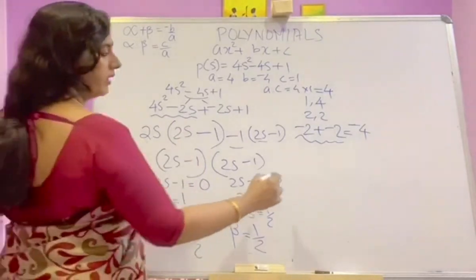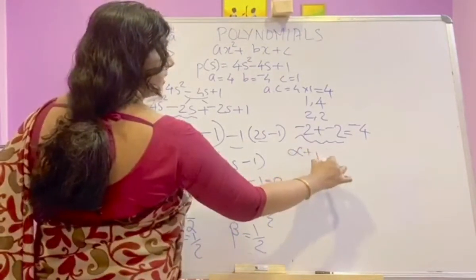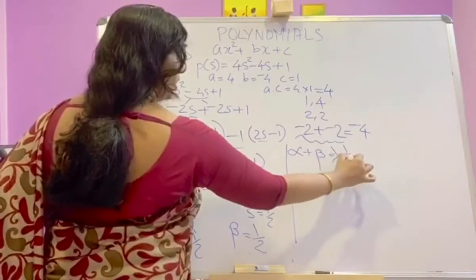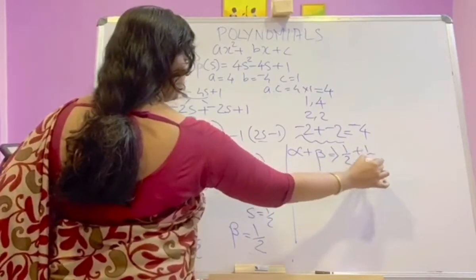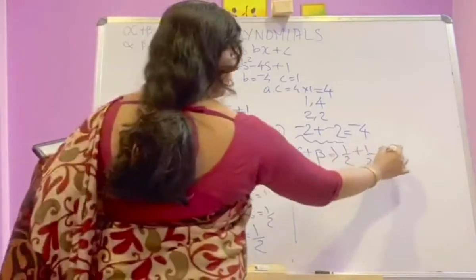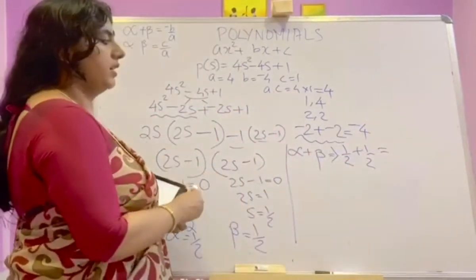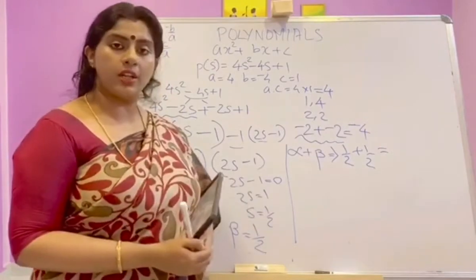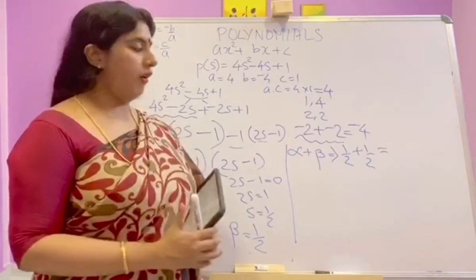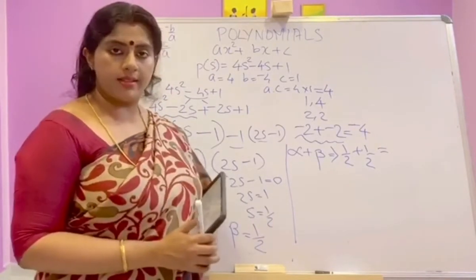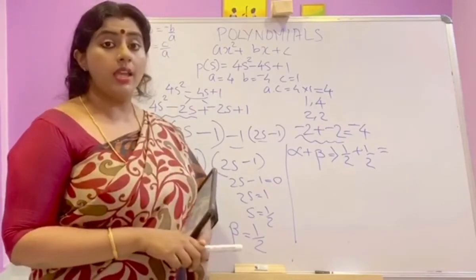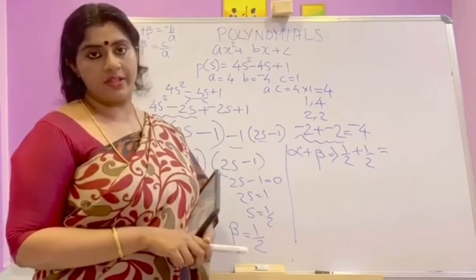Let us check the relationship alpha plus beta. That is 1 by 2 plus 1 by 2 is equal to. Now I will tell you something else, that is addition or subtraction of fractions. While you are adding or subtracting fractions, you want to check the denominators first.